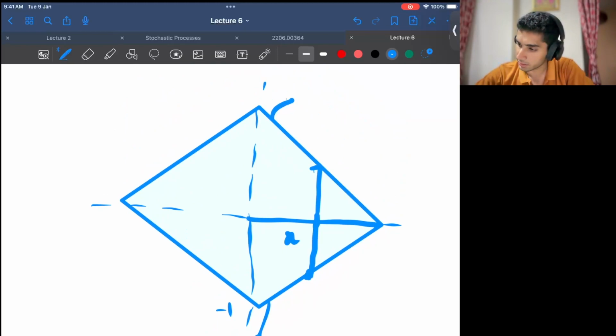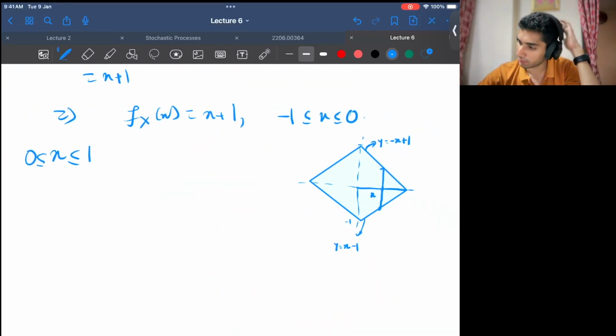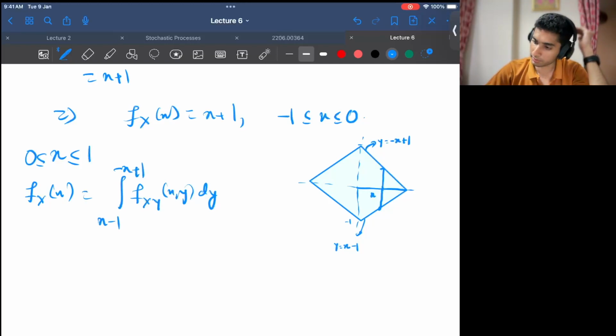And what is this line? This is y equal to, again, this is negative slope, so minus x, and what is the c? C is plus 1 here. So for a given x, it can go from x minus 1 to 1 minus x, right? So again, fx of x is equal to the integral of fxy of x comma y dy going from x minus 1 to minus x plus 1.